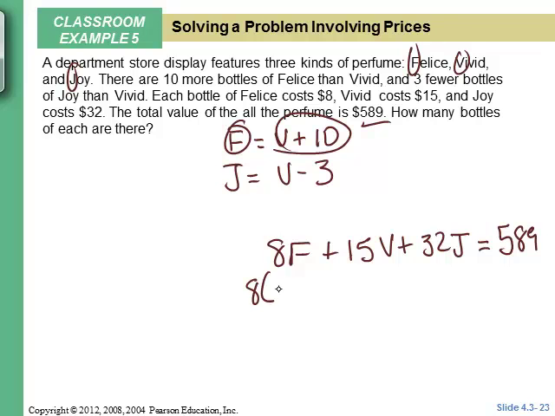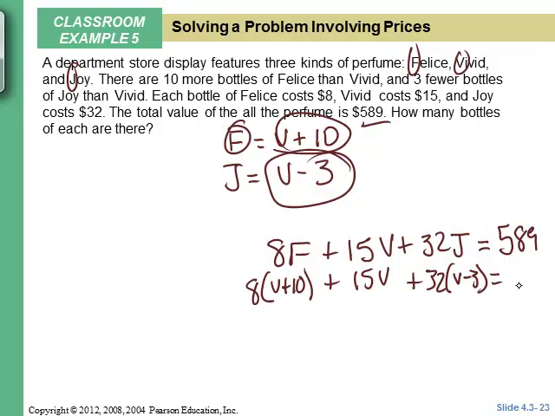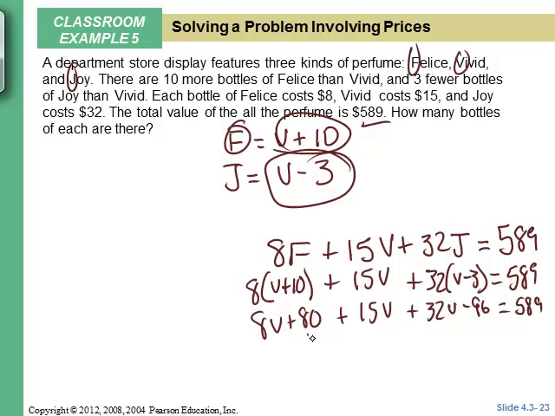So 8 parentheses, Vivid plus 10, plus 15 Vivid. Instead of writing Joy, we can write 32 times Vivid minus 3, and we're going to get 589. So this is 8 Vivid plus 80, plus 15 Vivid, plus 32 Vivid minus 96 equals 589.